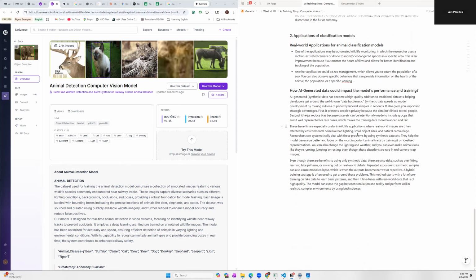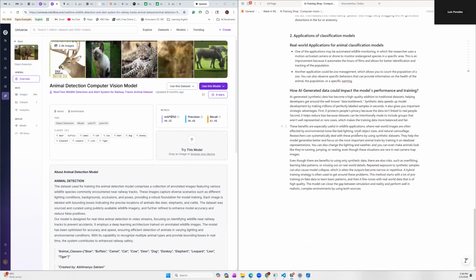So researchers can deal with this problem by using synthetic datasets. So they can focus on the most important shape of the animal to train the model.